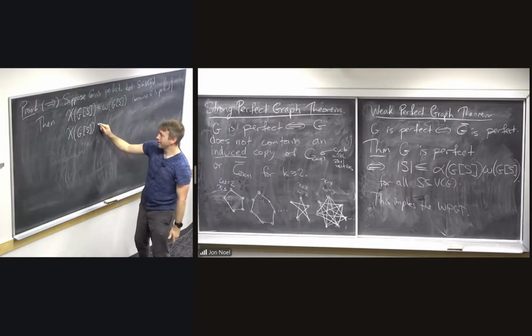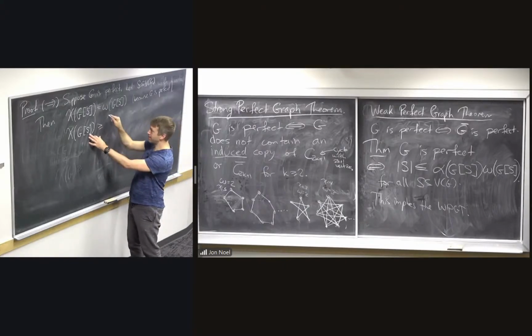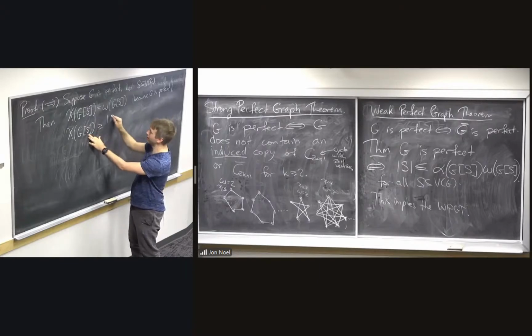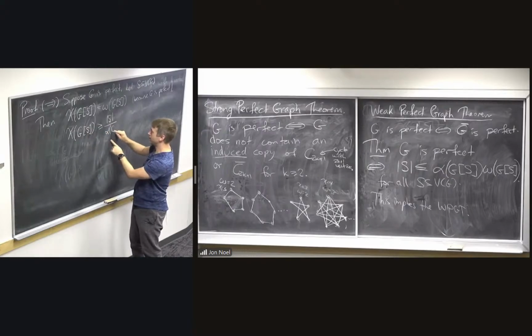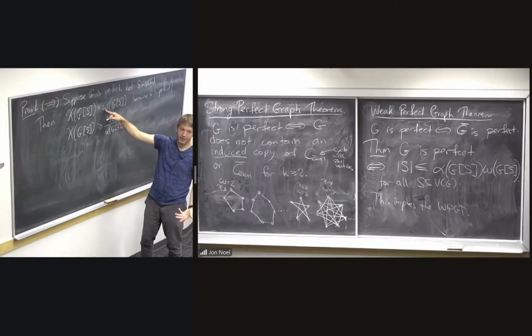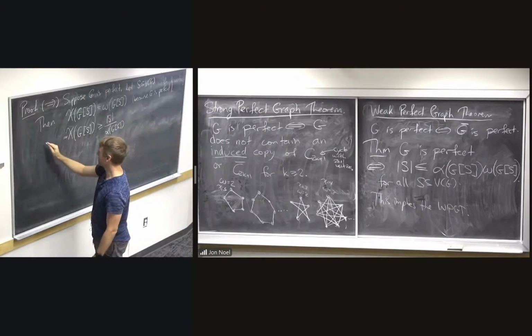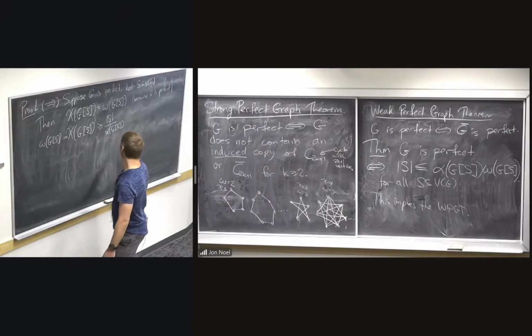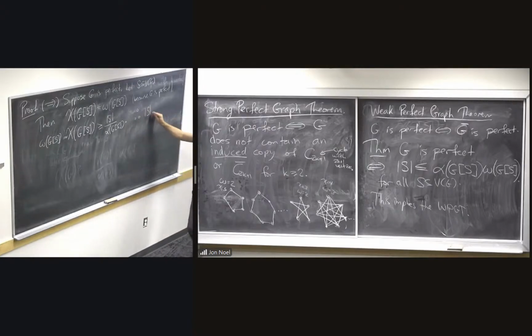But the other one says that the chromatic number is at least the number of vertices, which in this graph would be the size of S, divided by the stability number of the subgraph induced by S. But the thing on the left side is the clique number, I already proved that, so that's omega of the subgraph induced by S. So therefore, the size of S, if I just multiply over, is at most omega of the subgraph induced by S times alpha of the subgraph induced by S. So that does one direction.